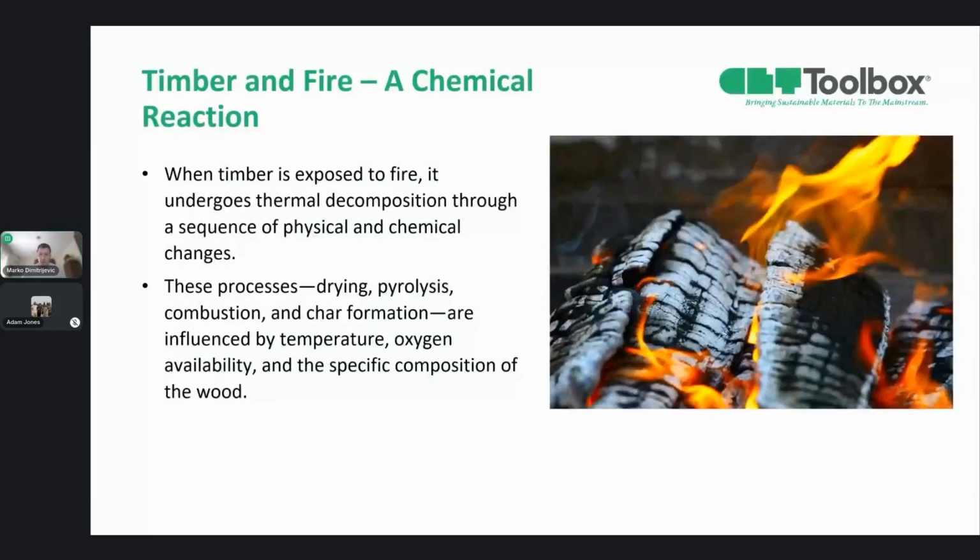At the beginning, I think it's good to take a look at what's happening with timber and fire. When timber is exposed to fire, it undergoes thermal decomposition through a sequence of physical and chemical changes. These processes, drying, pyrolysis, combustion, and char formation, are influenced by temperature, oxygen availability, and the specific composition of the wood.